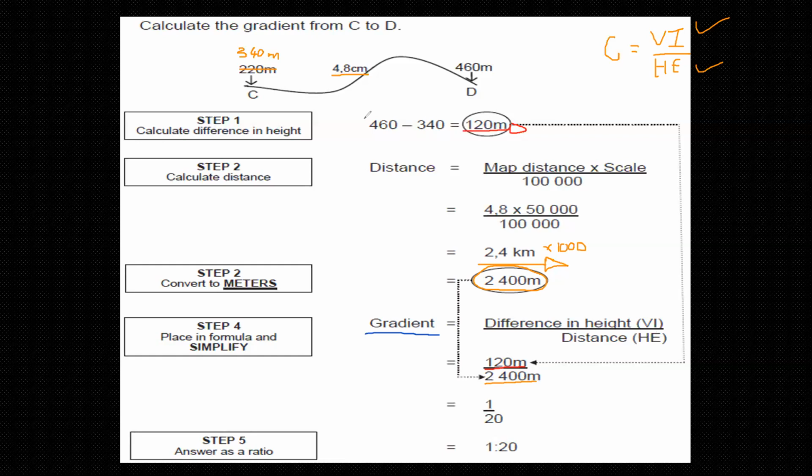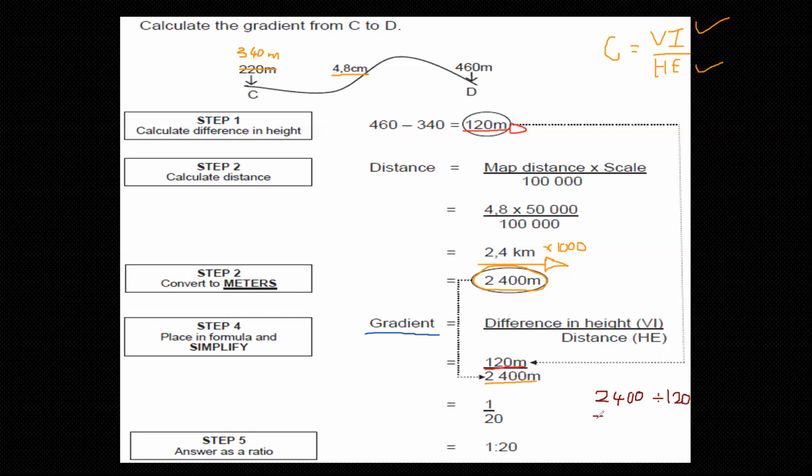So the way in which you do this, very important to remember this and not to just put it into your calculator. You need to divide the bottom one by the top one. You want to get it out of 1. We need to turn it into a ratio. So you divide the bottom one by the top one. So 2,400 divided by 120.